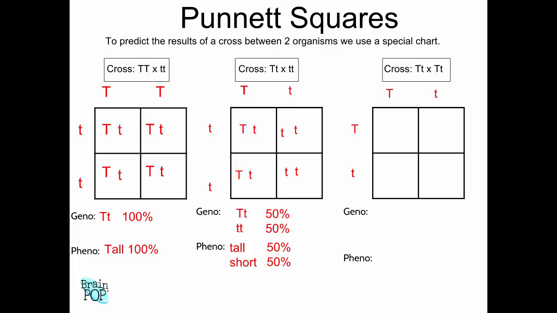So in our top left corner, we have two big T's that cross, so it's going to be big T, big T. In the top right corner, we have little t and a big T, so it'll be big T, little t in the box. Same thing with the bottom left. And then in the bottom right, what do we have? Oh, little t, little t.